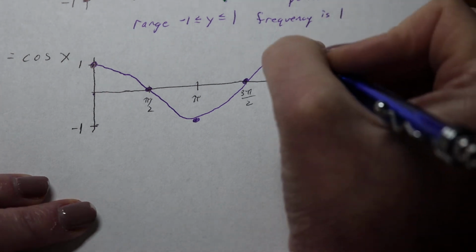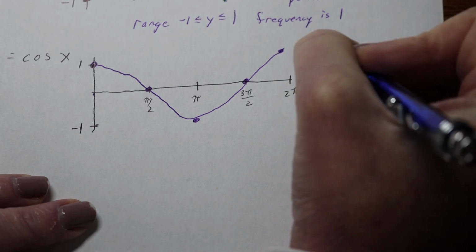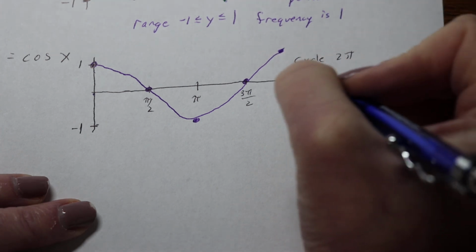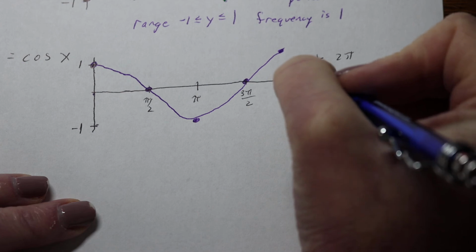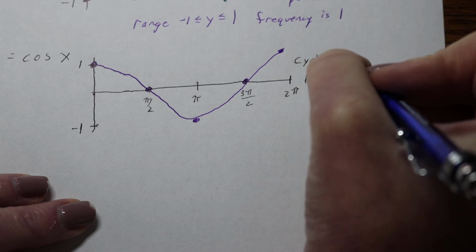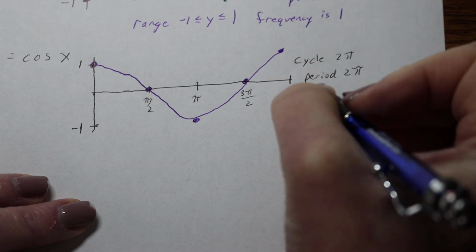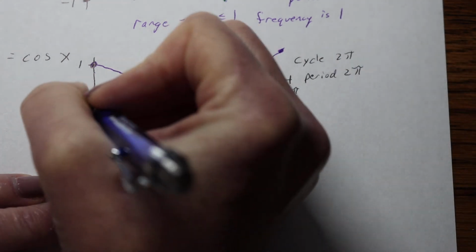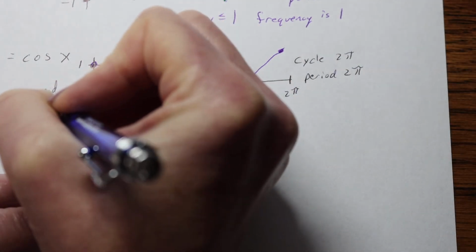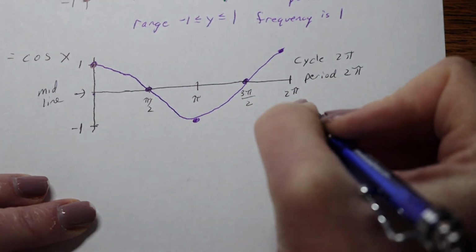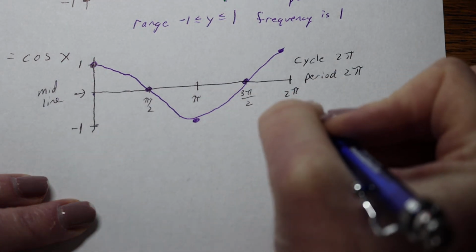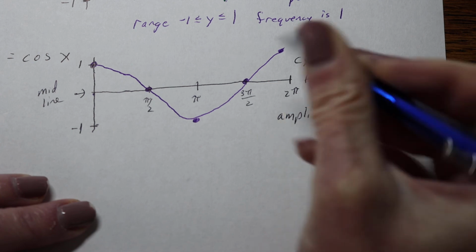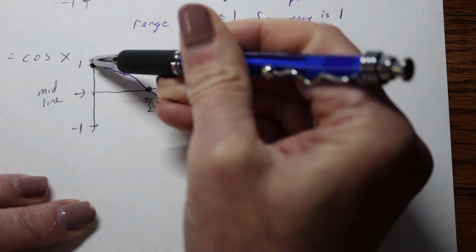Again, it has a cycle of 2 pi. It has a period of 2 pi. It has a midline, again, in this case the x-axis. Its amplitude, again, it has a height of 1.